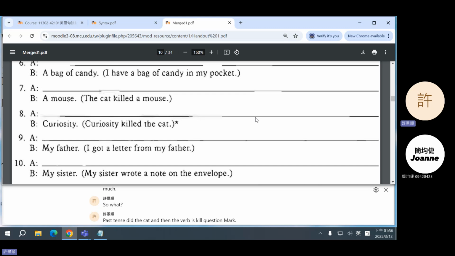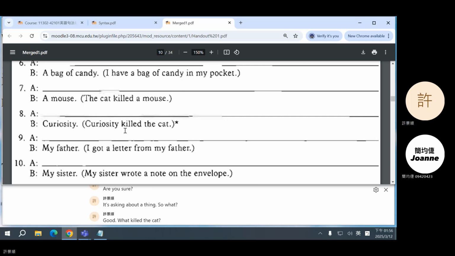Number 8. Are you sure? It's asking about a thing. So "what". Good. What killed the cat?